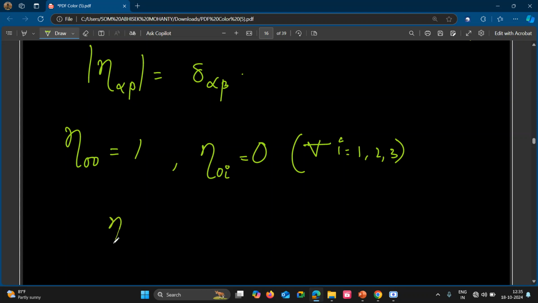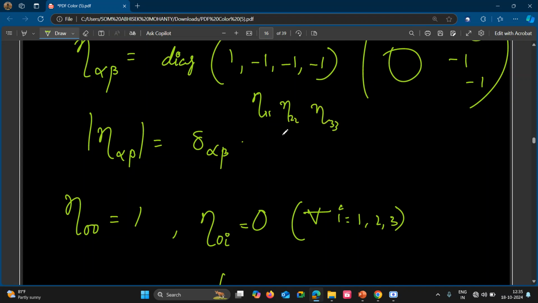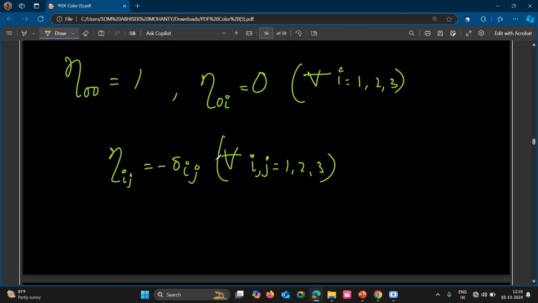And eta ij is equal to minus delta ij for all i, j equal to 1, 2, 3. See, these are eta 1 1, eta 2 2, eta 3 3. These are minus 1, right? So minus delta ij, because we write it in the generalized form. Delta 1 1 will be 1, and delta 1 2 will be 0.